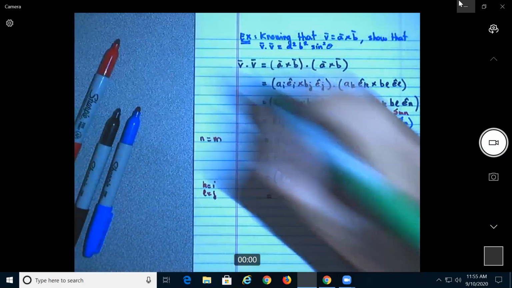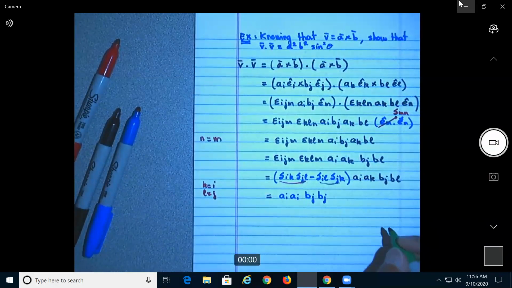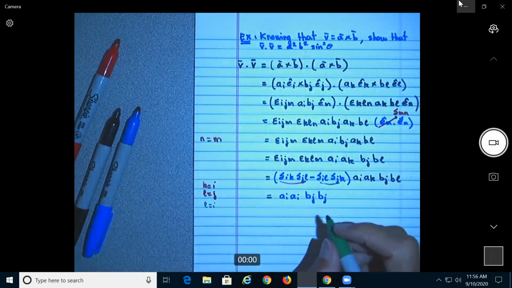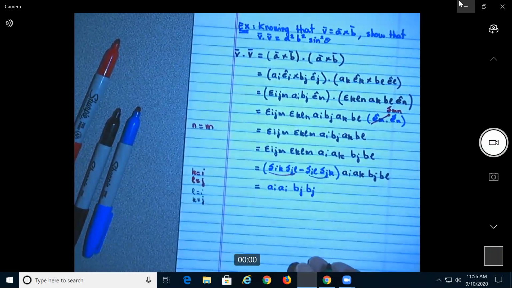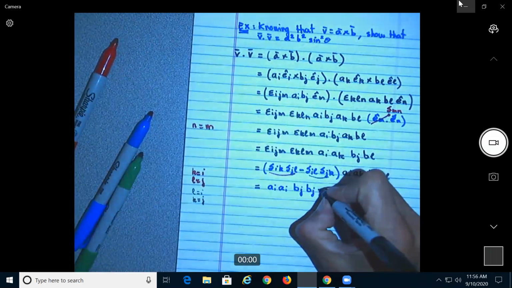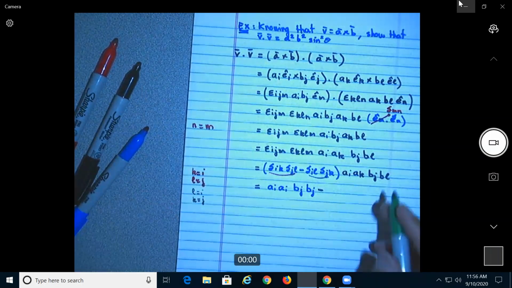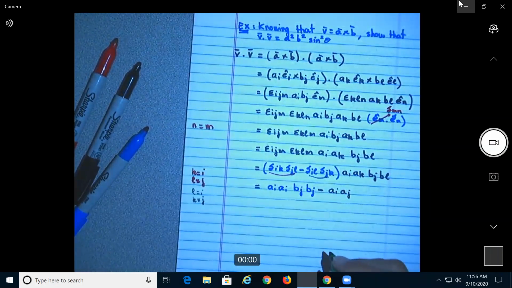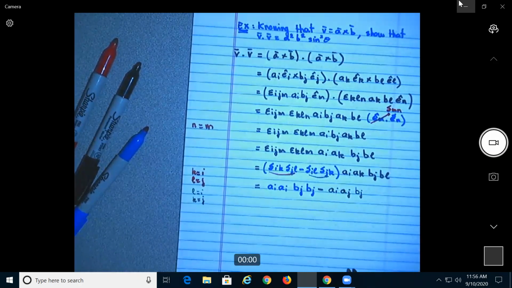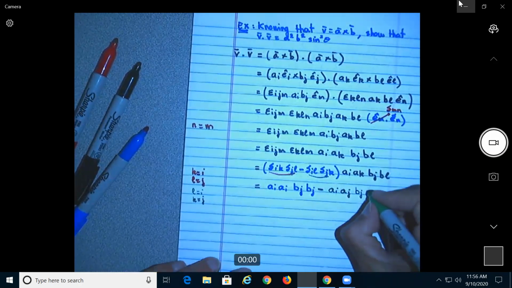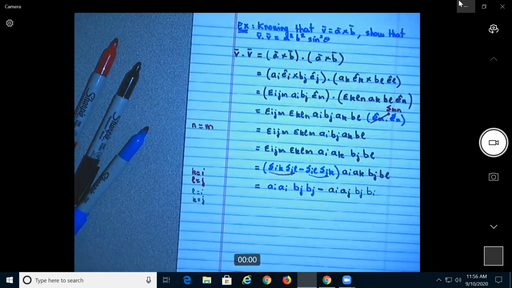Now, the second case, we have what? L equal to I, and let's say K equal to J. So this will give us minus A sub I, A sub j, B of j and B of I. Okay, so let's just write it a bit differently.